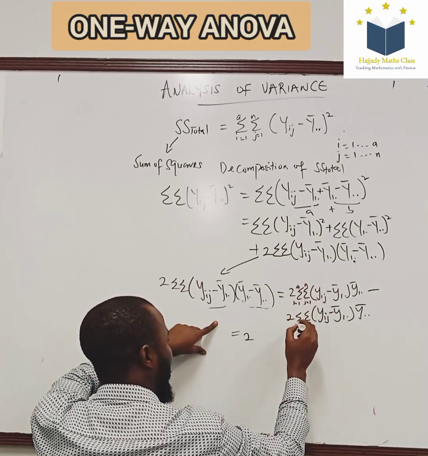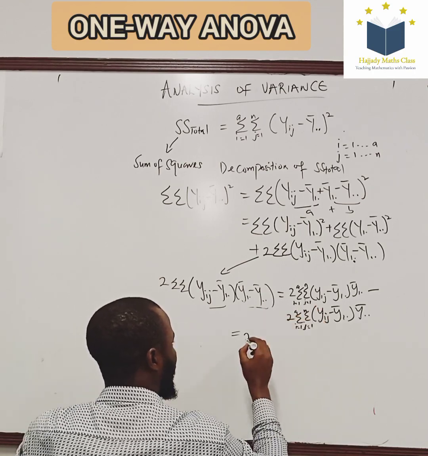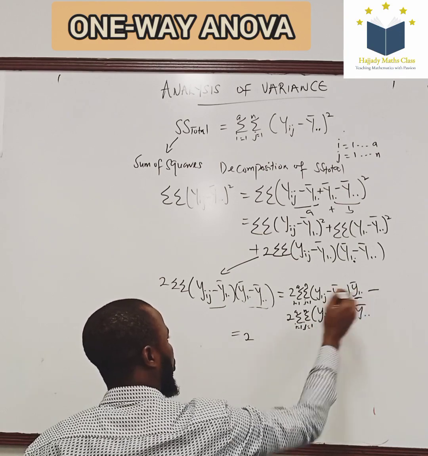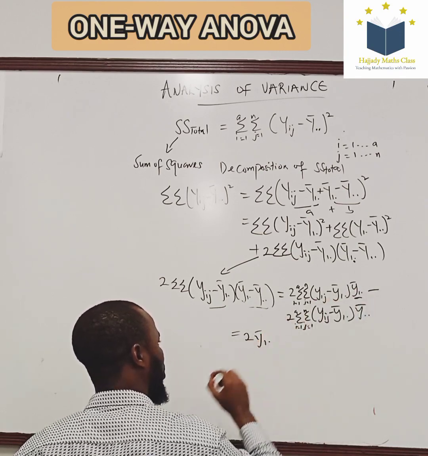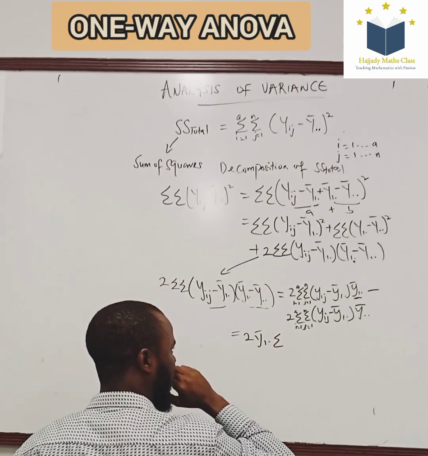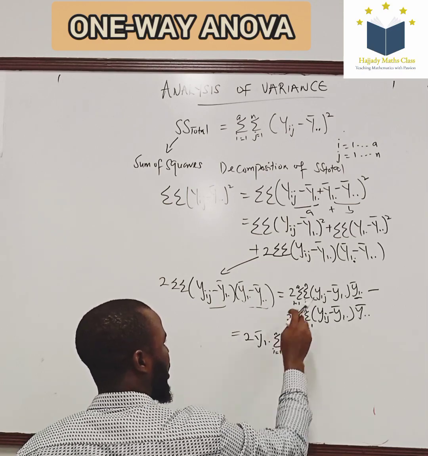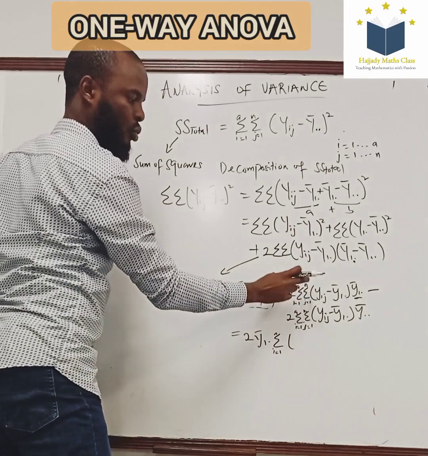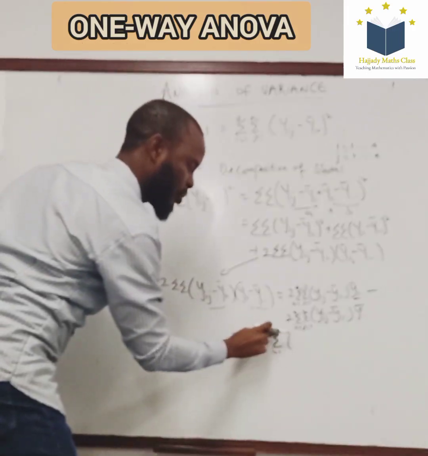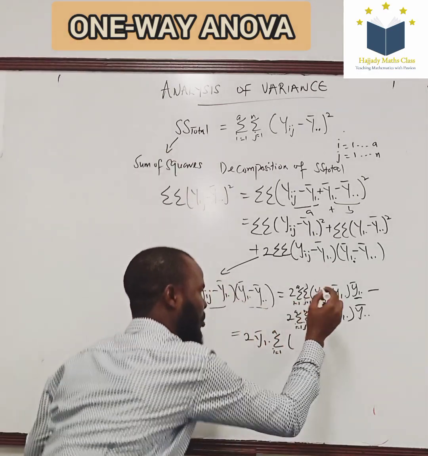N. So my I sums from 1 to A, my J from 1 to N. So I have 2 y bar i dot, summation J from 1 to N. Since this sums from 1 to N, my I sums from 1 to A. So since my J sums from 1 to N, then I can say this is the same thing as what?